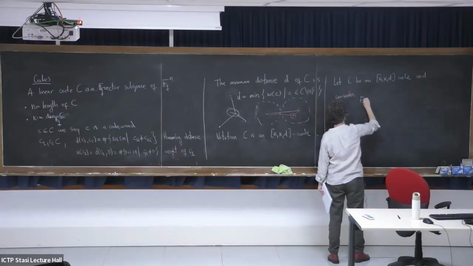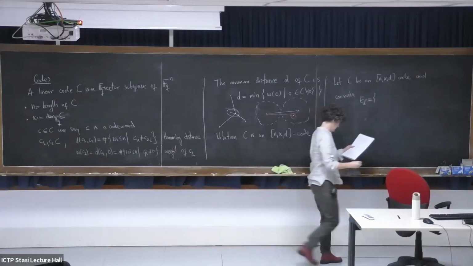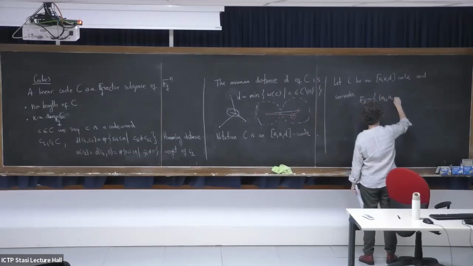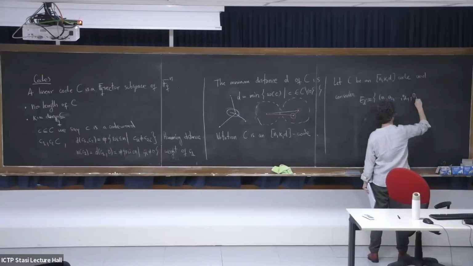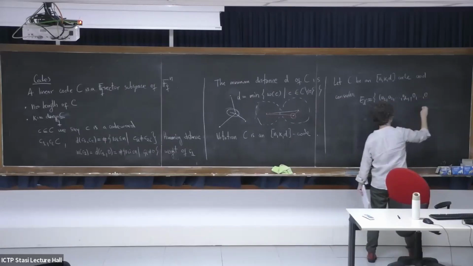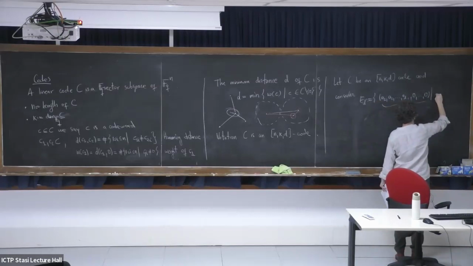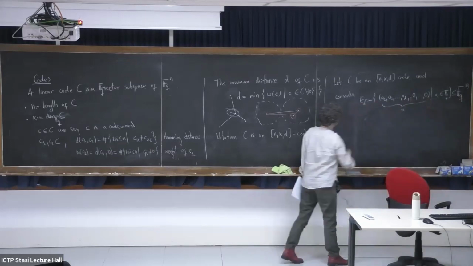You have a_1 up to a_{d-1}, and here you have a vector of size n. All these are 0 and these are elements in F_q. So this is a subvector space of F_q to the n. Okay, so this is a code.